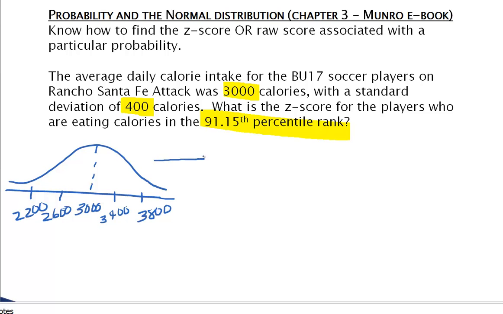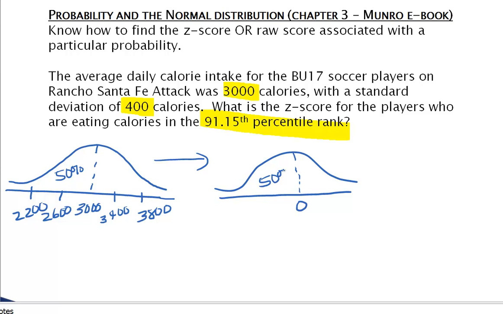Then if we standardize the normal distribution, in the middle we have 0. The mean is 0 deviations away from the mean because it's right there. So we know that 50% of the data is to the left of the actual mean, 50% is over on this side, and to the right is also 50%.